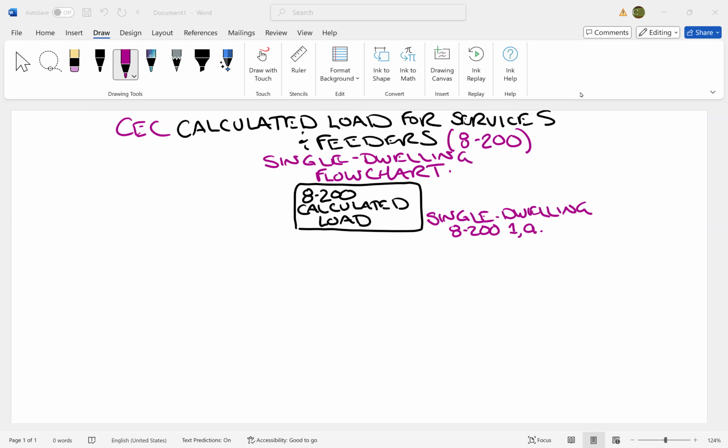If there was no electric range, then I have to add 100% for the first 6,000 watts above 1,500 watts and 25% for the rest.